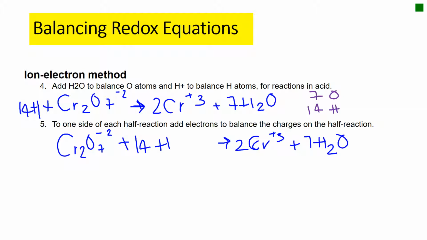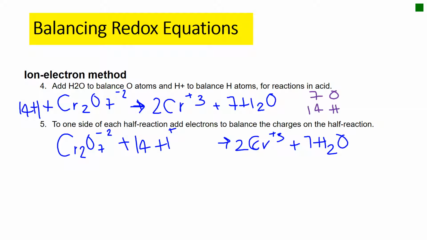Now, since over here you have 14 hydrogens, which are positive, and you have 2 chromium oxides that are negative, that's going to be 12 positive charges on your left, and you're going to have 6 positive charges on the right.